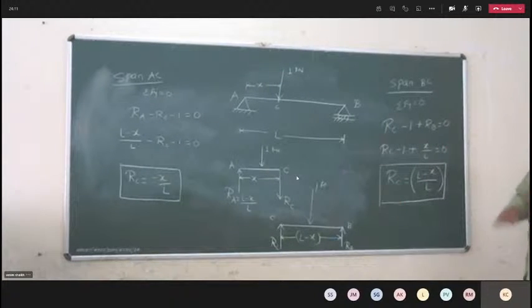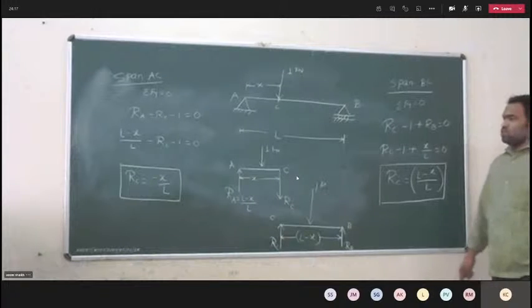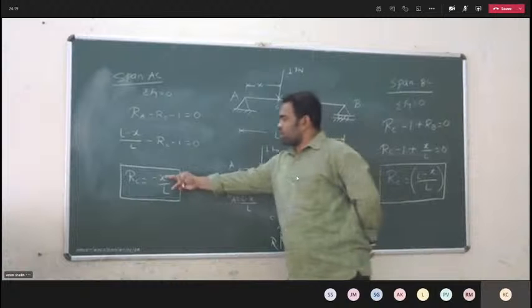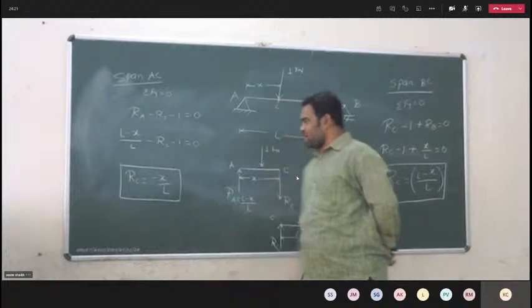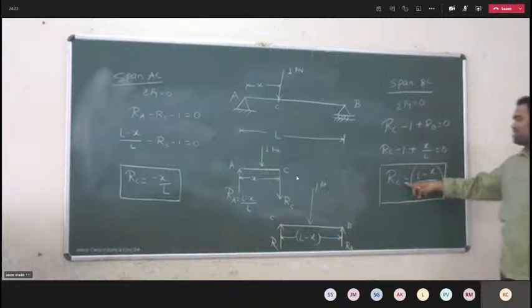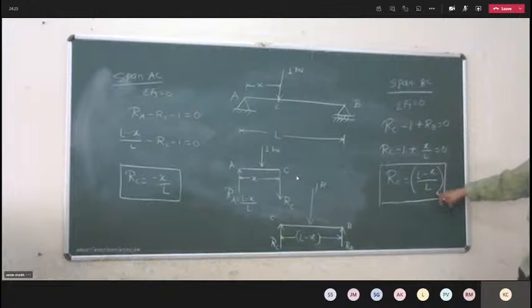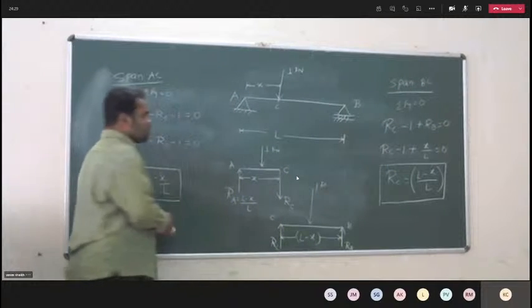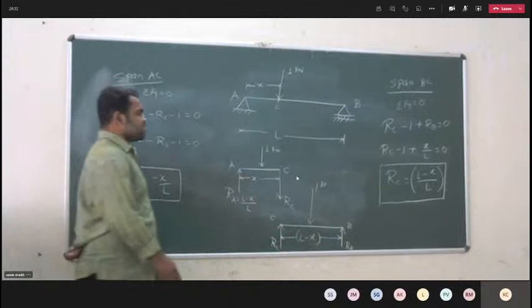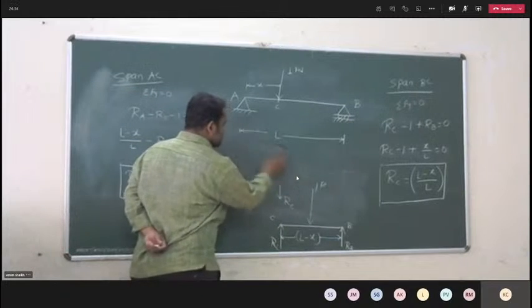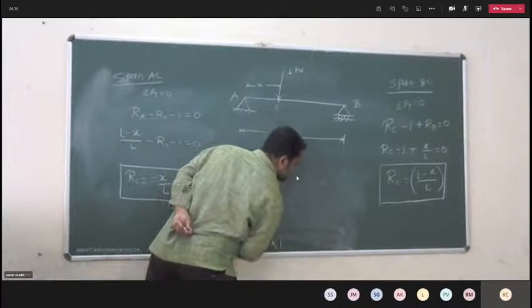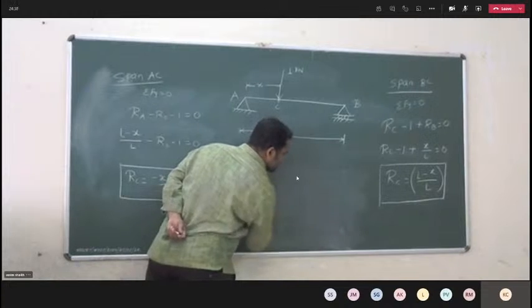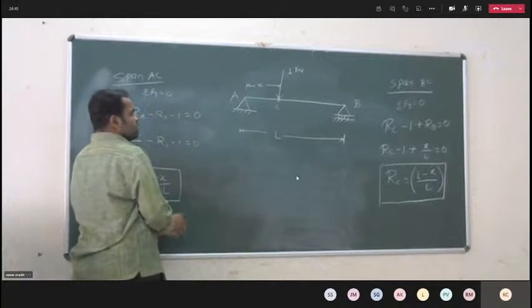So this is the value of your RC for the right part of the beam, that is BC. For the left part, RC is equal to minus x by L, and for the right part, RC is equal to (L minus x) by L. So now we have to draw the ILD for the shear force at section C by considering these two values of RC for the left portion and for the right portion.